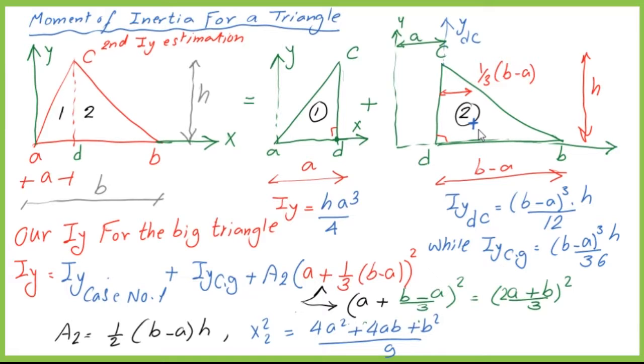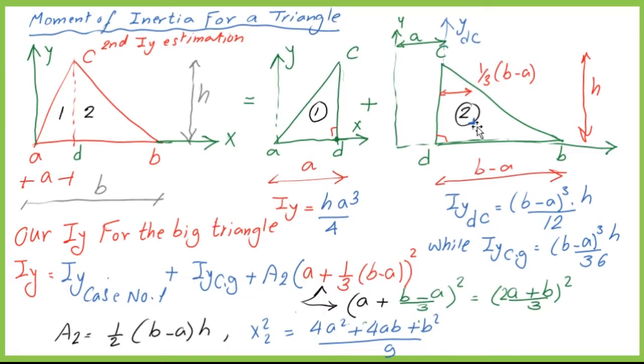We have to proceed from the moment of inertia at the CG, which is considered the minimum value for any shape.